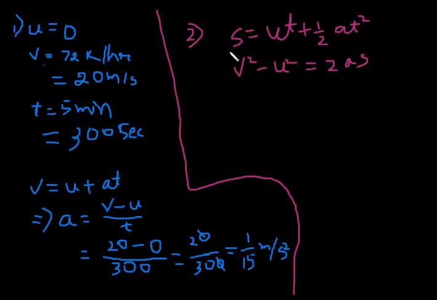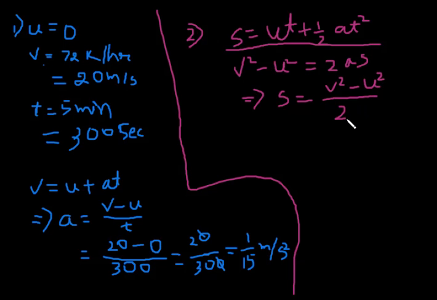So if v square minus u square is equal to 2as, then s will be equal to v square minus u square divided by 2a.